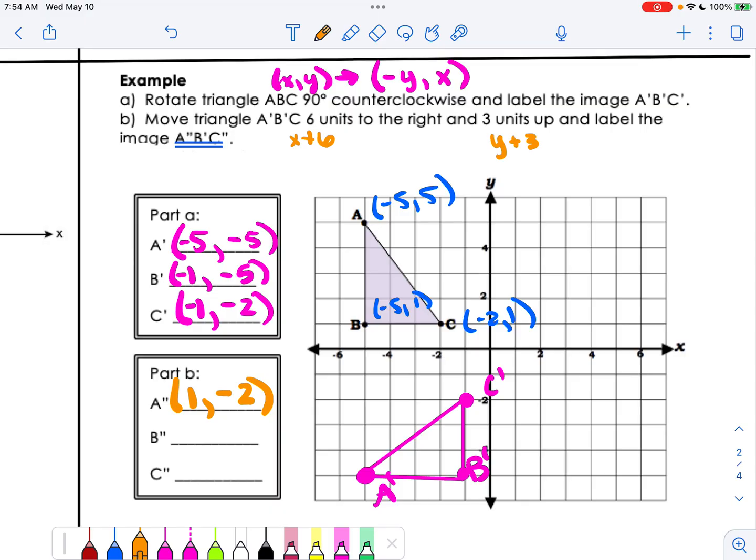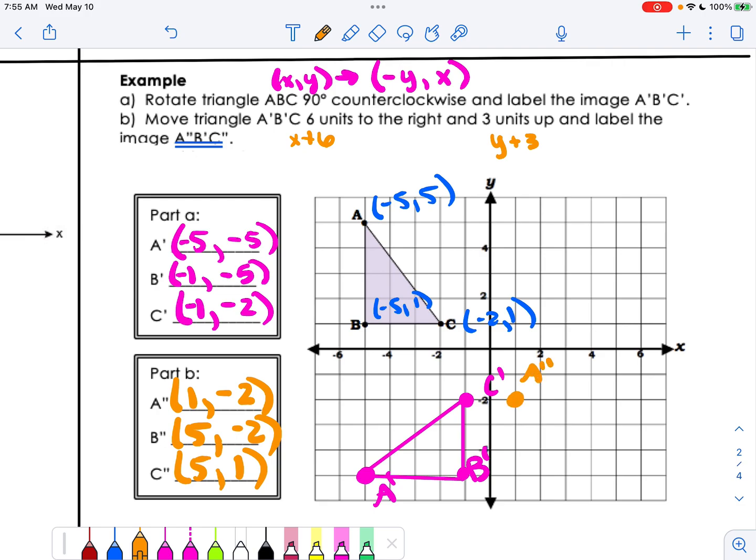New B, adding 6 and then adding 3. And then C, adding 6 would be 5, and adding 3 would be 1. So we got (1, -2).